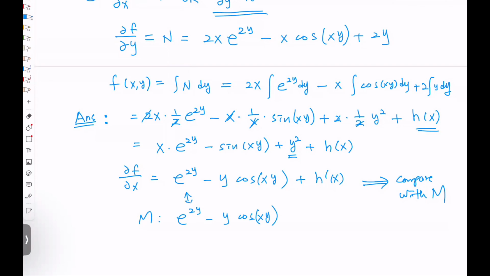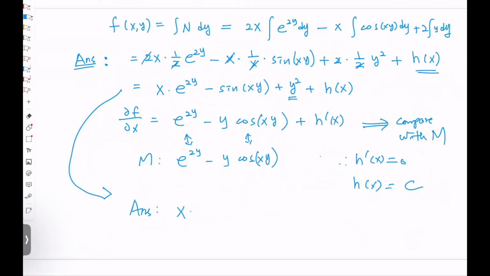So we compare, we have that, we have that. So h prime of x equals 0, h of x equals just c. So the answer is going to be e to the 2y minus sine xy plus y squared equals c.